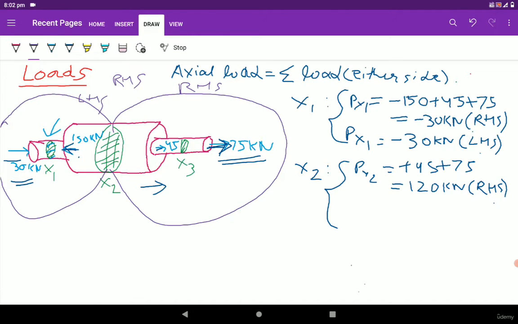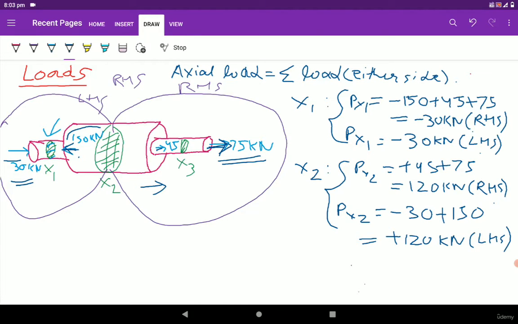So Px2 is equal to, from the left hand side we can see that a compressive load of 30 kilonewton is acting, so we can write minus 30 kilonewton, and we can also see that a tensile loading of 150 kilonewton force is also acting, so we can write plus 150. So after summing up, we are going to get plus 120 kilonewton, which is obtained from the left hand side cross section. So we can see that they are totally balanced, either from right hand side or left hand side.